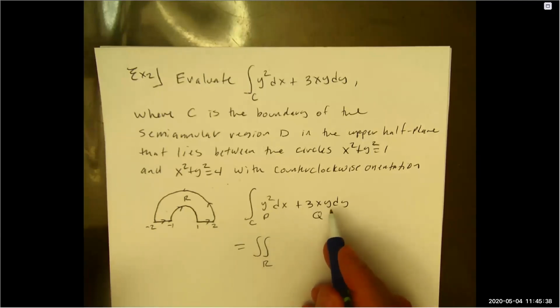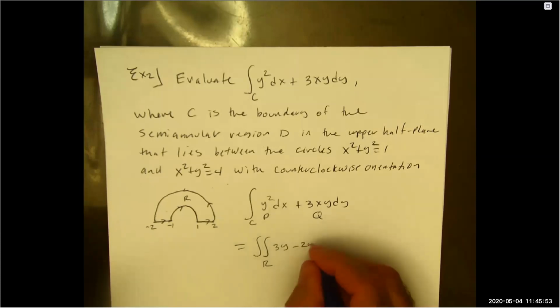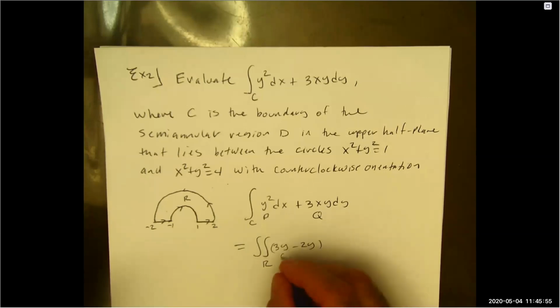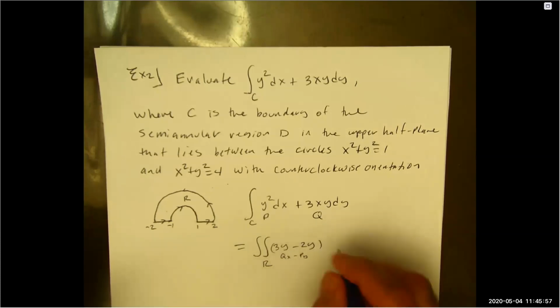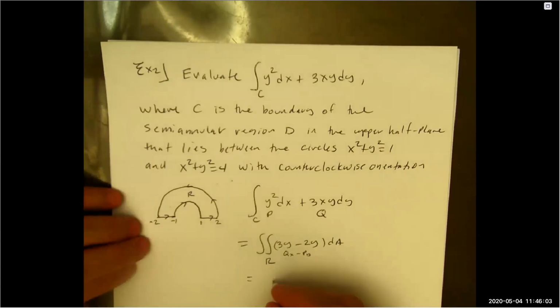Qx would be 3y. So we'd have 3y minus Py. So Py is 2y. So that's your Qx minus Py. And then this is dA. And of course, we can simplify this to just be y.